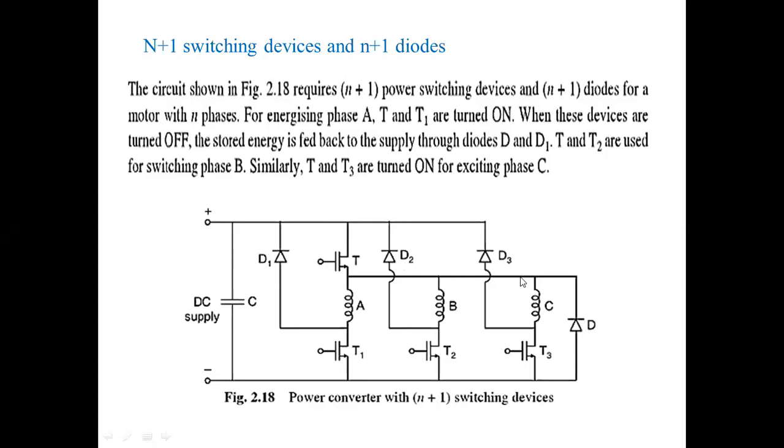There is a time interval for turning on and turning off. Therefore, there is more time to turn off the thyristors and diodes. But for the main thyristor T and main diode D, there is not much difference. That is the importance of this power converter circuit of N plus 1 switching devices. This is the important one.